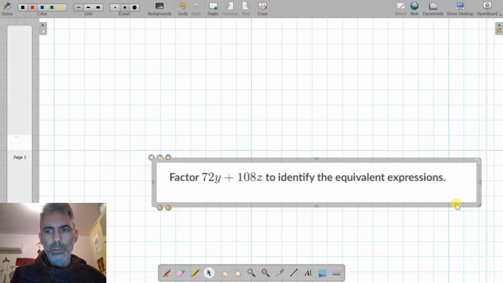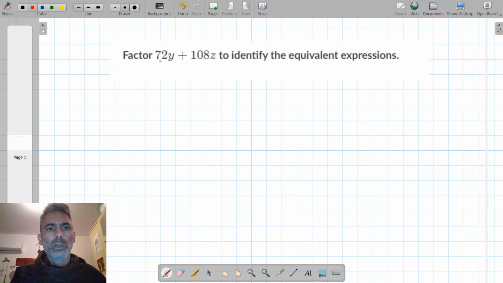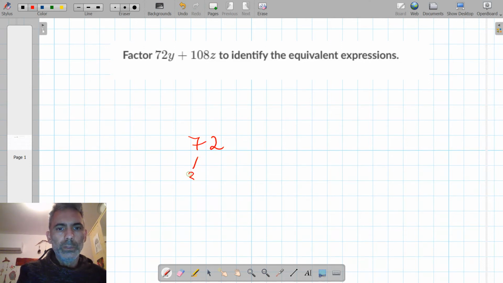So let's see what is the largest common factor of 72 and 108. So I can factor out this expression. Okay, so 72 is 3 times 24.